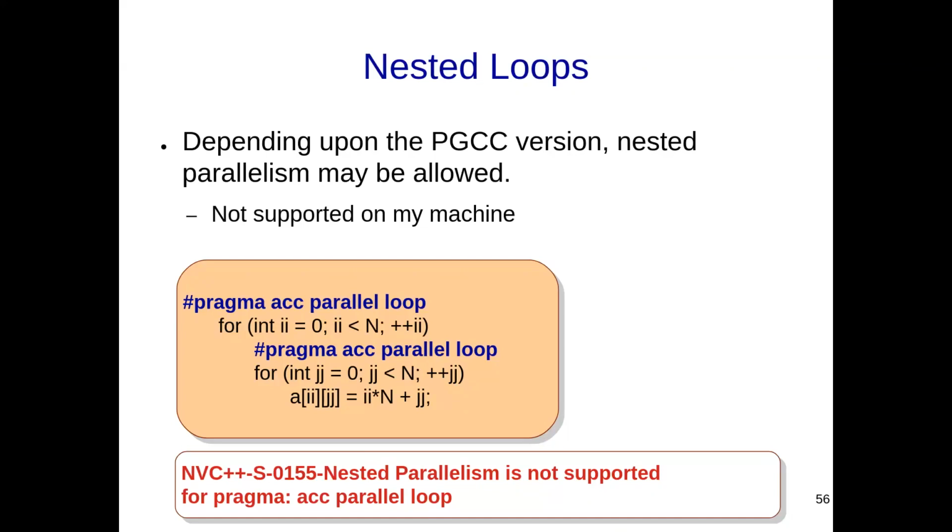But if that is not the case, and the number of j iterations is dependent on some function of i, then having nested parallelism is going to be different from just unrolling the two loops. So what that means is that the j loop is not fixed now. It is dependent on some function of i.